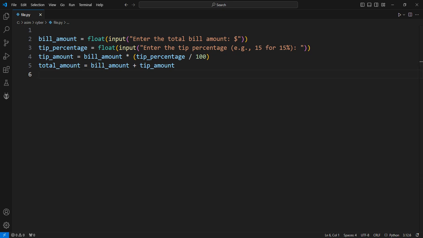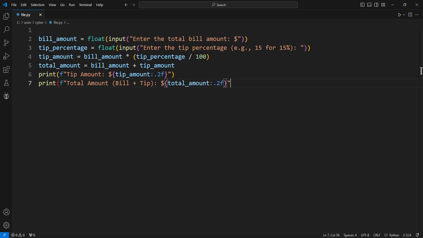Now, we display the calculated tip and total amount in a readable way. Now run our code.